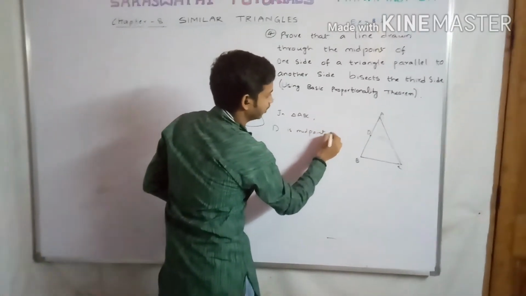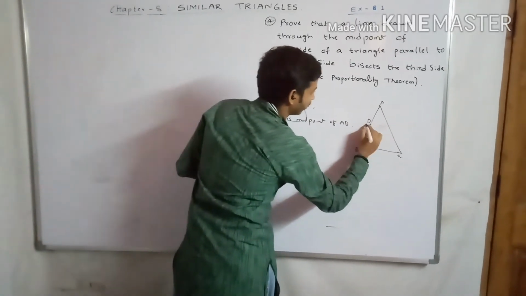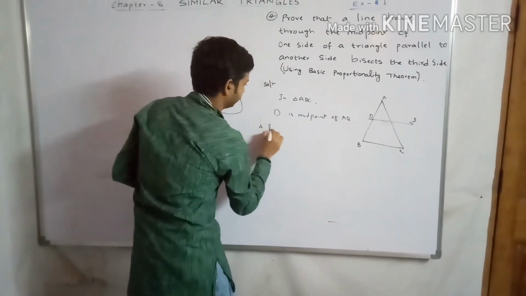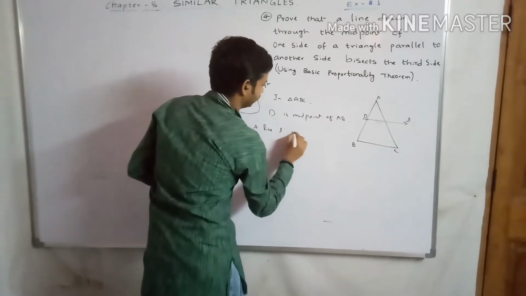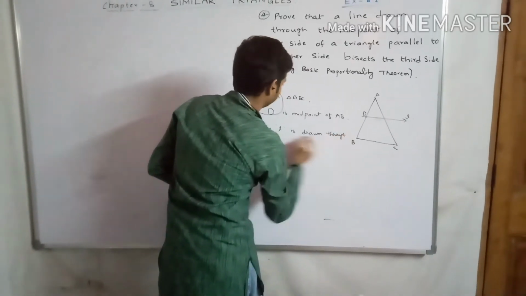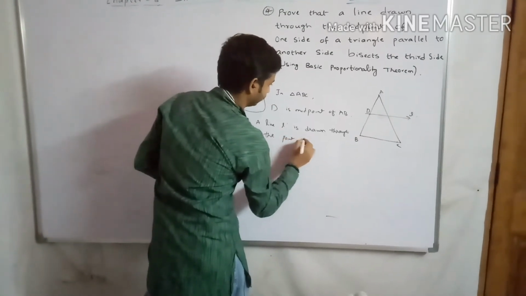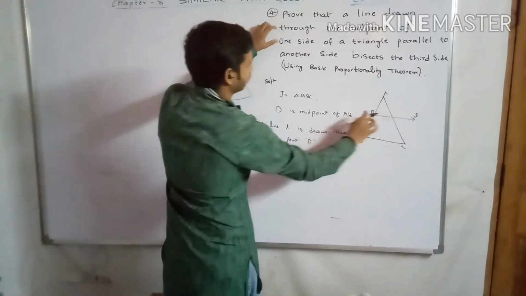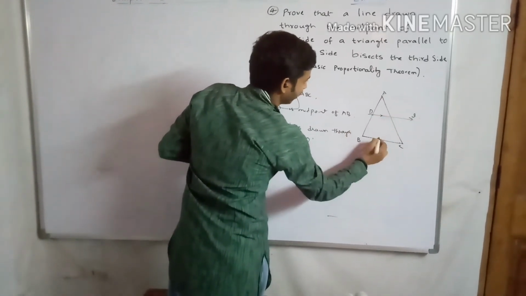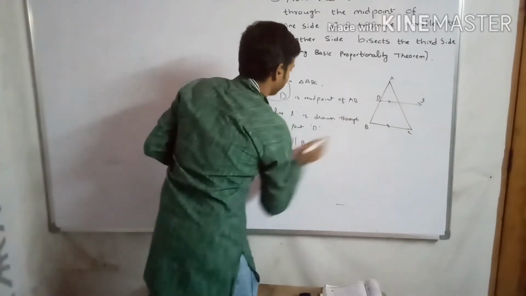A line L is drawn through the midpoint D, a line drawn through the midpoint of one side of a triangle. This line is parallel to the third side, this L is parallel to BC.